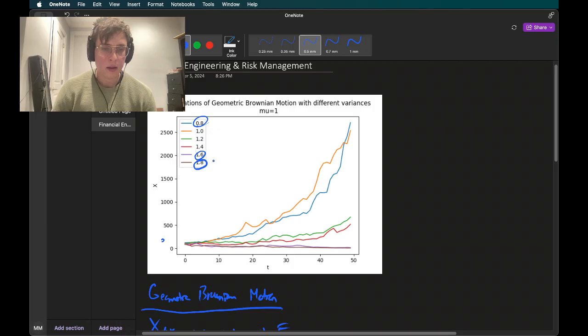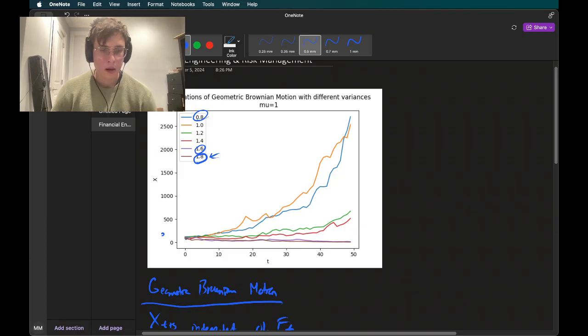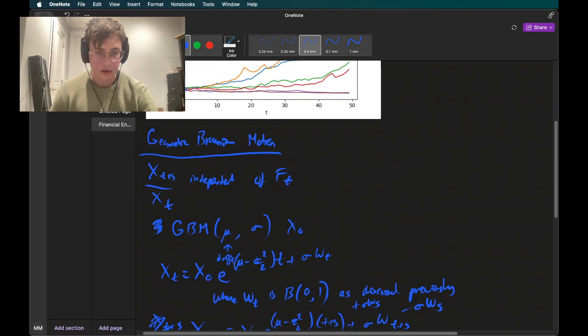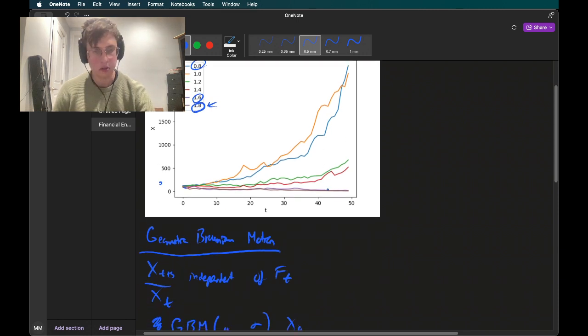Notice that for very high values of sigma, it's possible for the second term to overpower the mu, in which case the motion eventually goes to 0, because this whole term here is negative. However, for low values of sigma, you can see the expected exponential growth. I think it's interesting how for large variances, this geometric Brownian motion goes to 0.